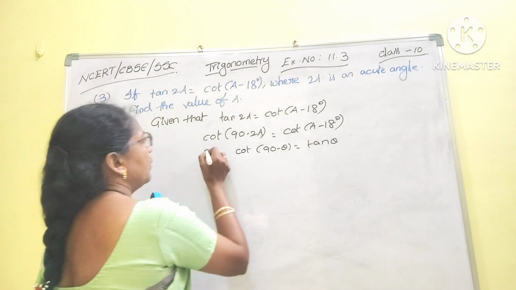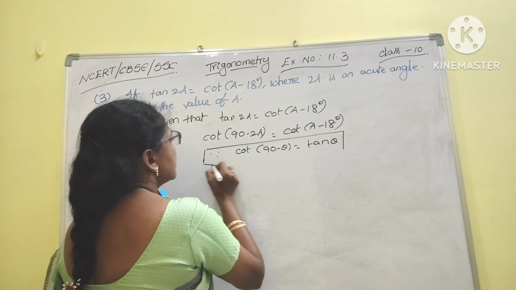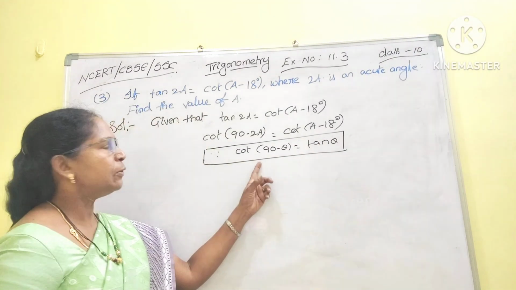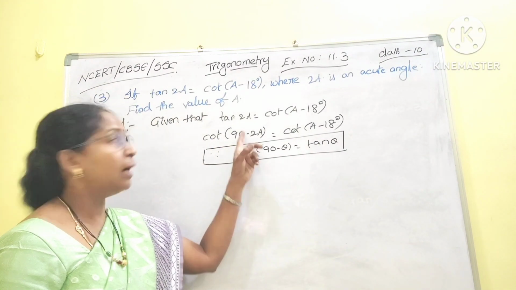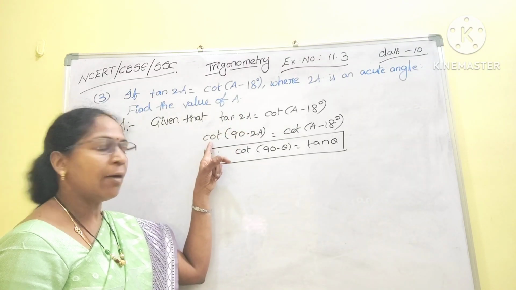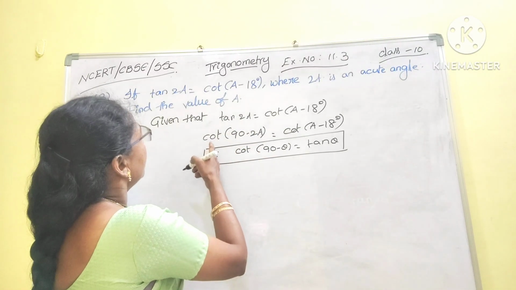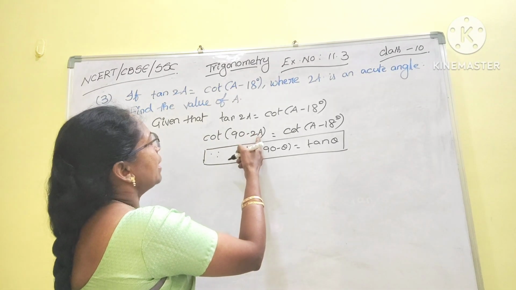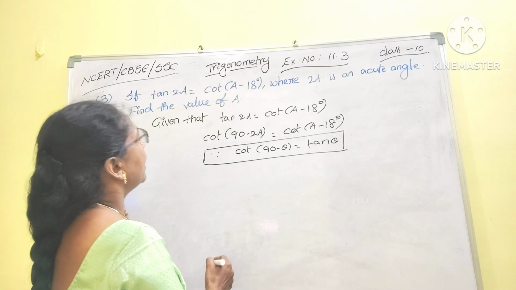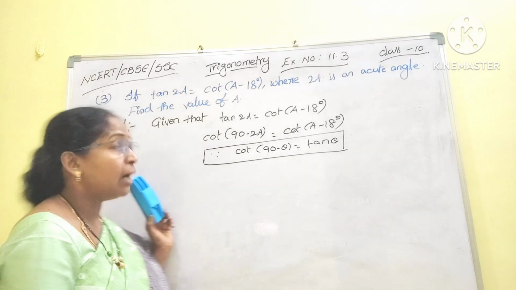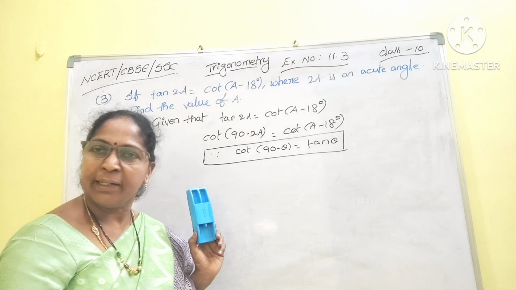Instead of tan 2A, I have written cot(90 minus 2A). You get it here, no?